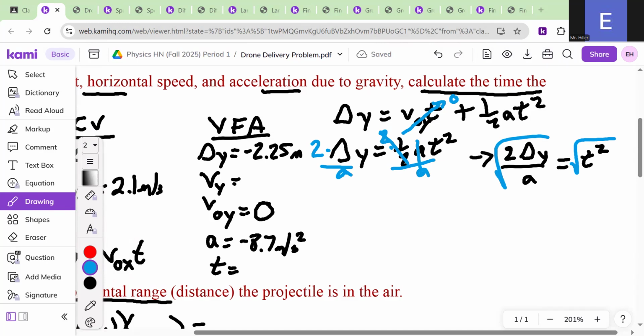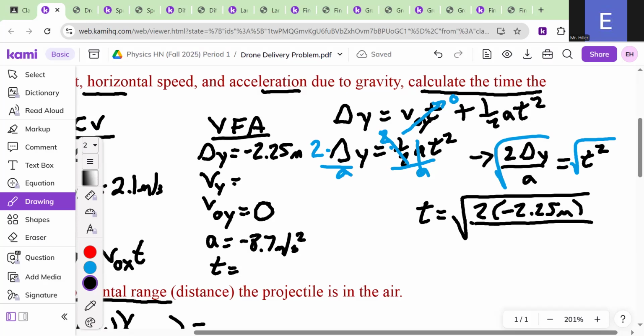And I think at this point, I can go ahead and plug in my numbers. So t is going to be 2 times my displacement, negative 2.25, divided by your acceleration, negative 8.7. Notice the negatives will cancel, so you really don't need to worry about the negatives at all. And go ahead and calculate yours.